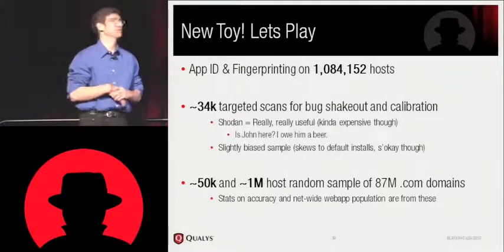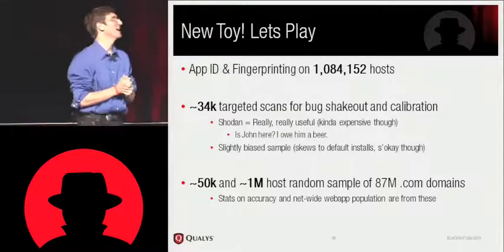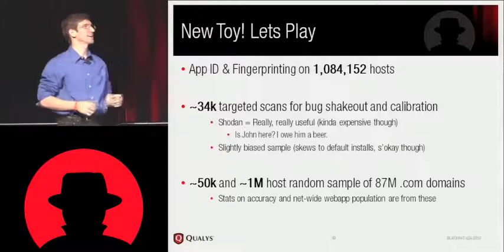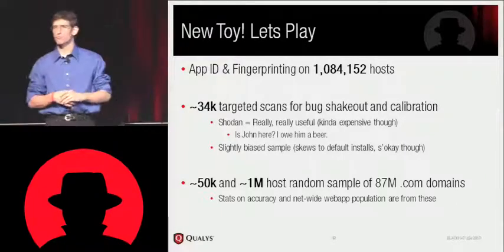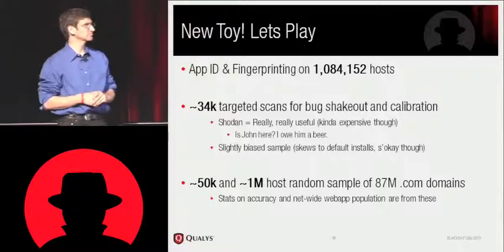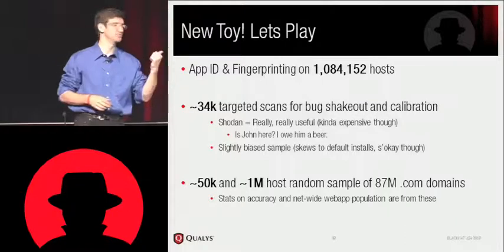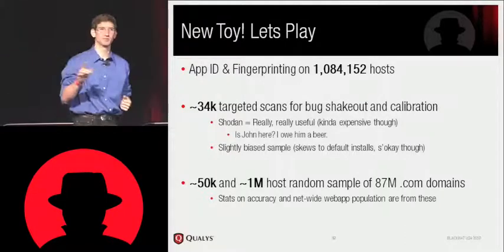Okay, we've got this toy. We assume that it works, evidence to the contrary notwithstanding. Did a whole bunch of targeted scans based on Shodan to say, all right, go get a whole bunch of things that we're pretty darn sure are WordPress, hit them, get versions, try and shake out some bugs. A bunch of scans on that. John helped me out a lot. Is he here? I told you I owe you a beer. All right, I still owe him the beer, but he's not here.